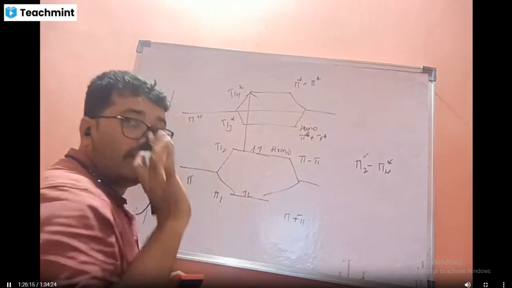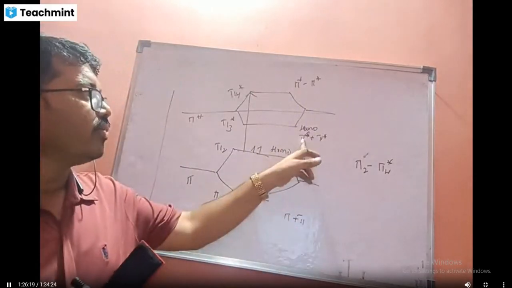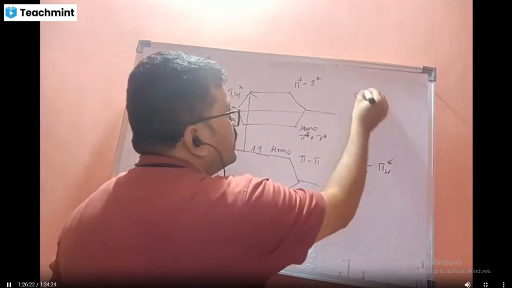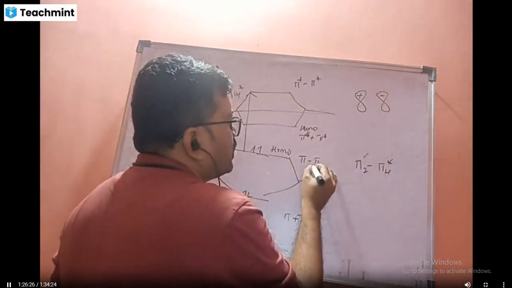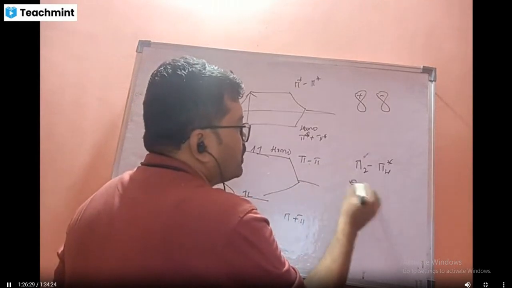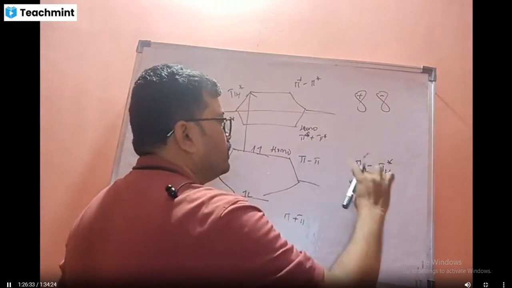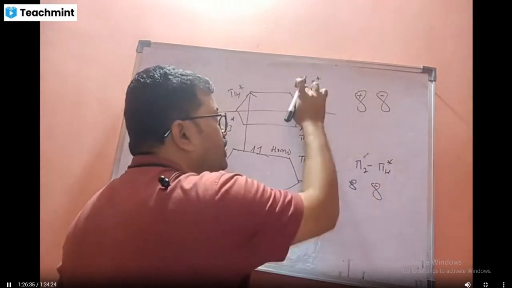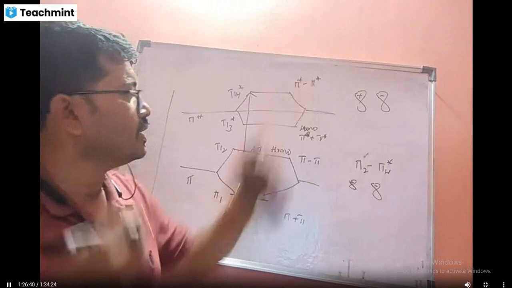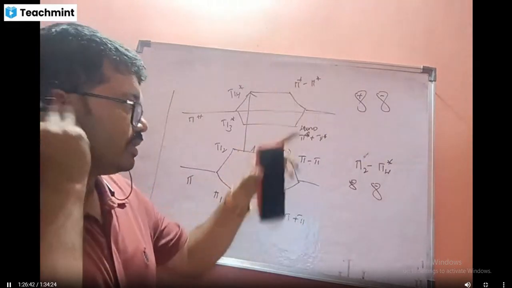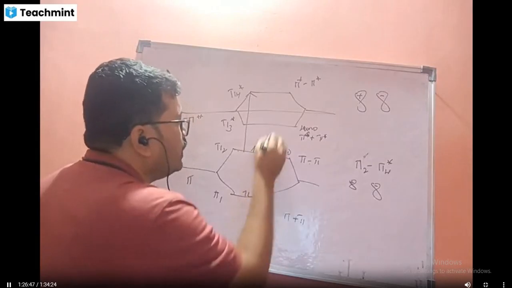That is why I said that in UV spectroscopy the symmetry should be the same. Note the bonding symmetry as plus minus plus minus. The symmetry should be the same for the transition.